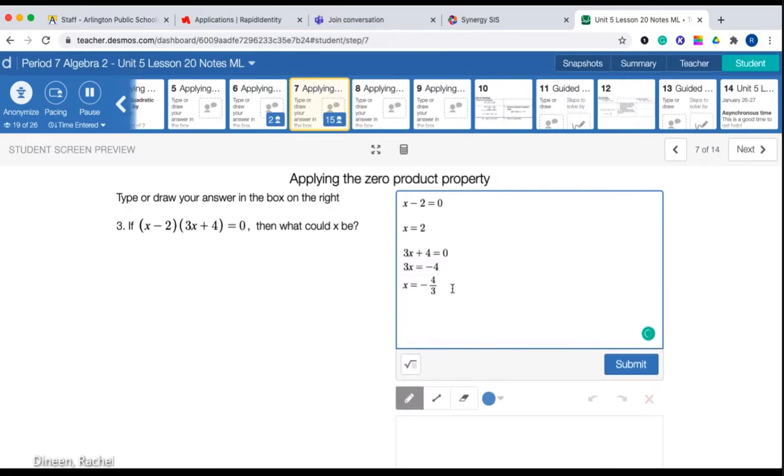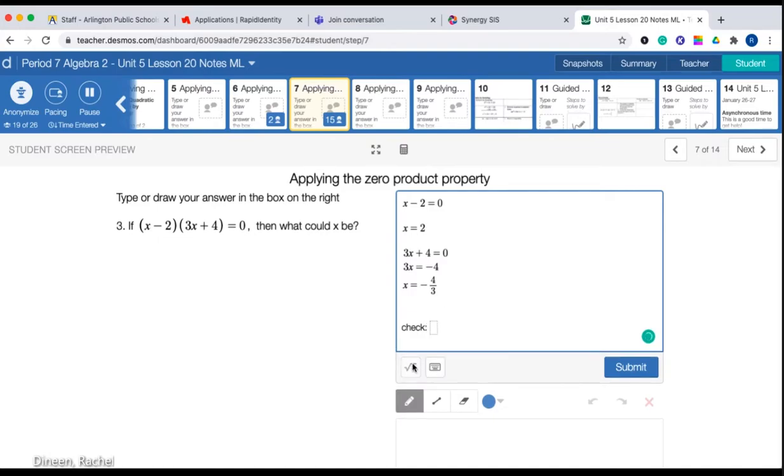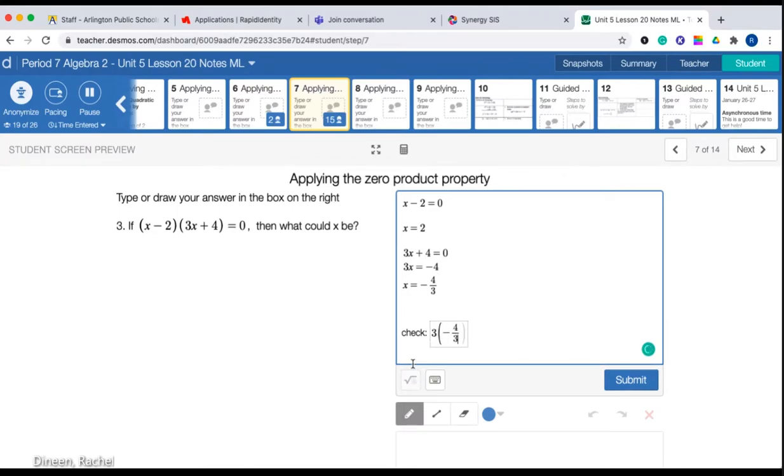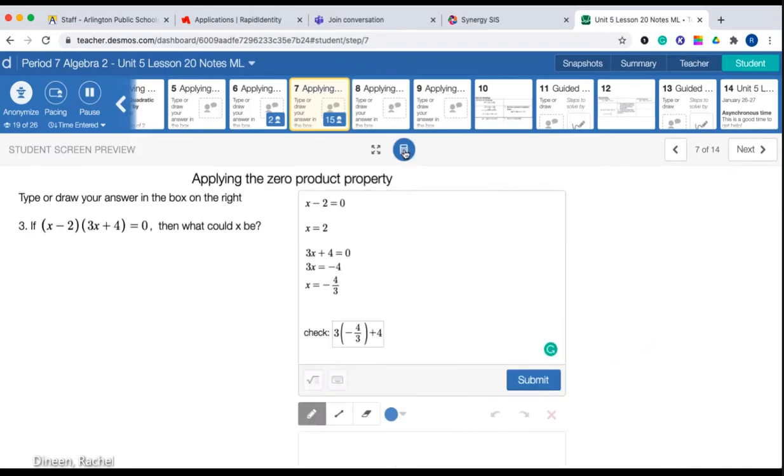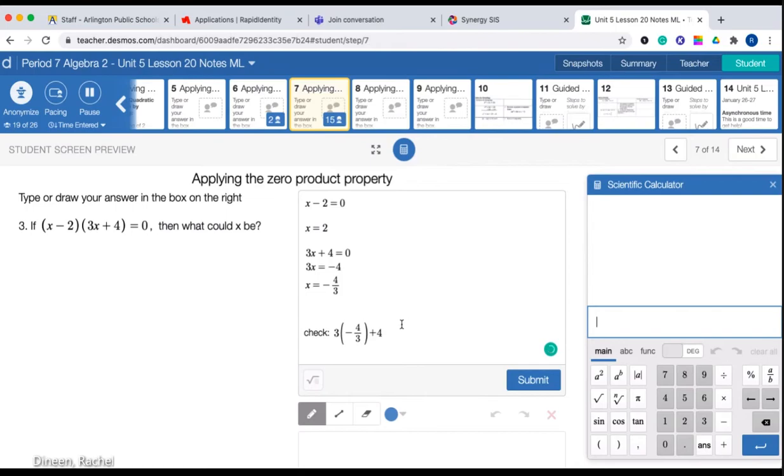And if I check my work here, let's see if that works. 3 times -4/3 plus 4. Whoops. Okay, remember at the top of the screen there's a little calculator that'll pop out, and I can even just copy and paste what I typed right there.